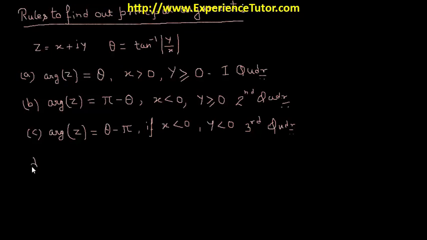The last one is argument z equal to minus theta, if x is greater than 0 and y is less than 0.